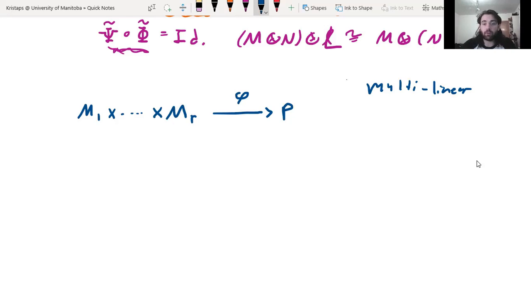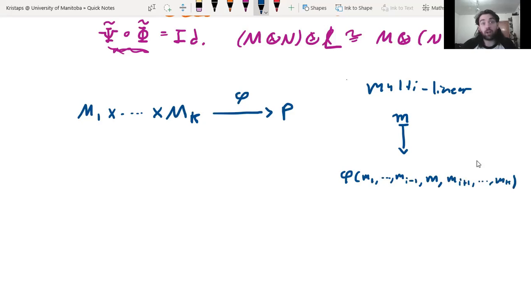For multilinear, we're going to say the map that sends m to phi of M1 up to Mi minus 1, with m going in the ith slot, then Mi plus 1 up to Mk.